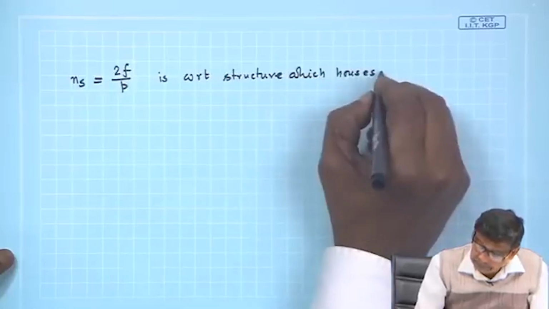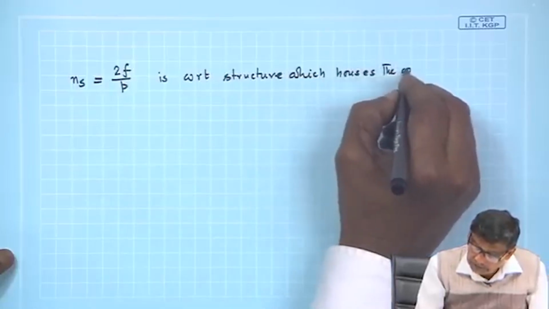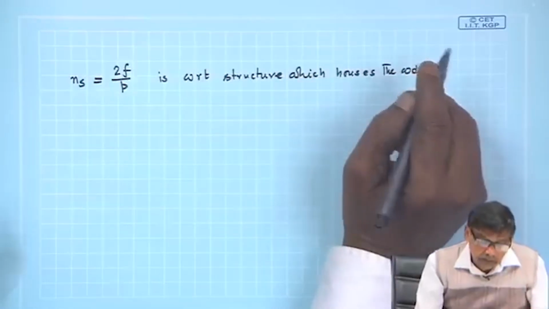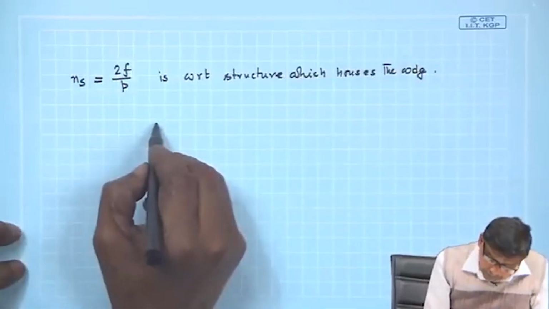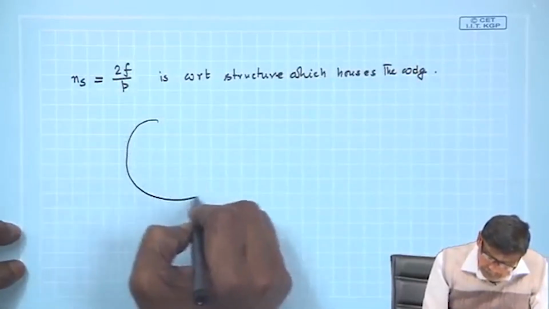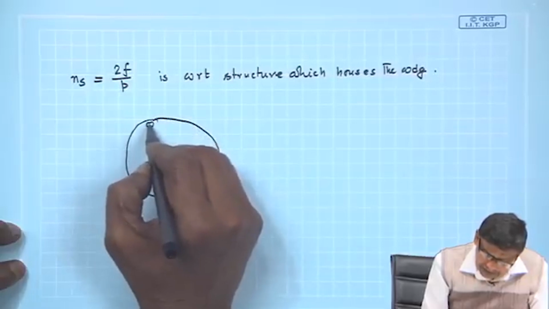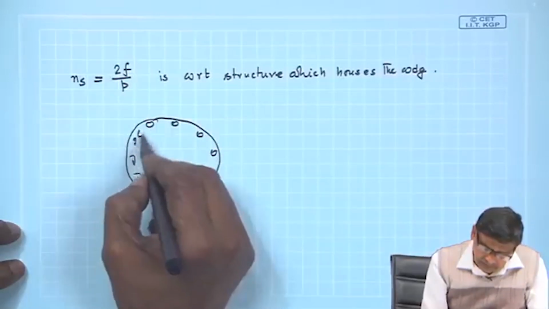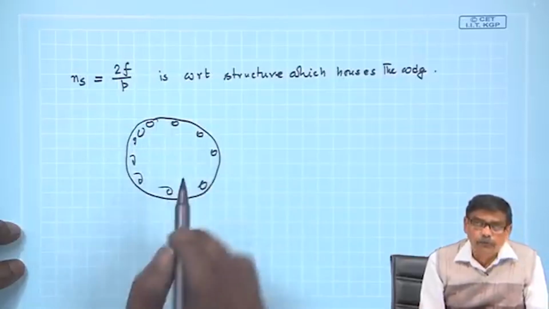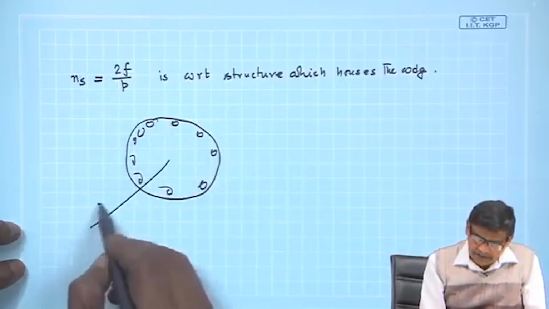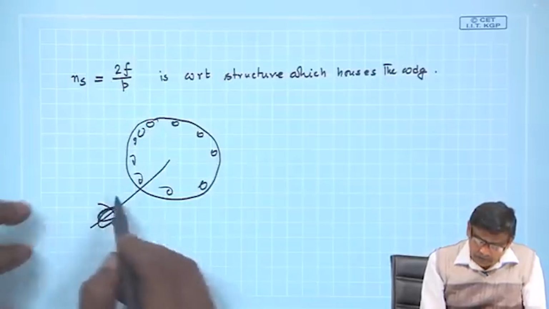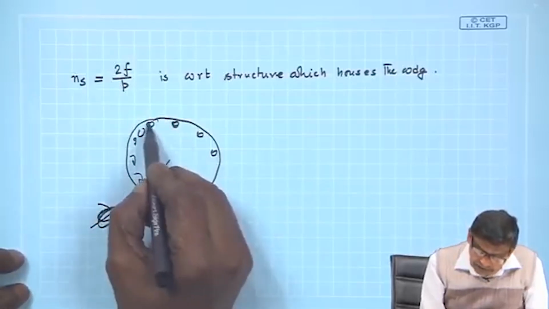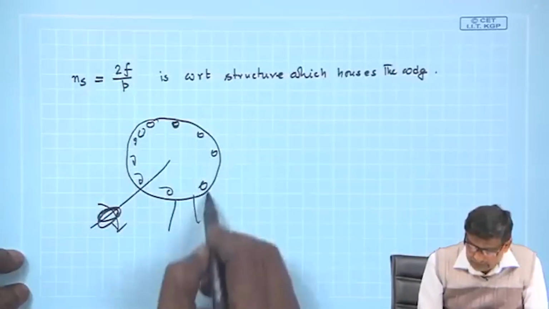This is very important. What is the meaning of that? Suppose you have a balanced 3 phase winding here and it is on the rotor. This can move by some external means, you can move it. Suppose you are not moving it. These coils you have energized with 3 phase supply.